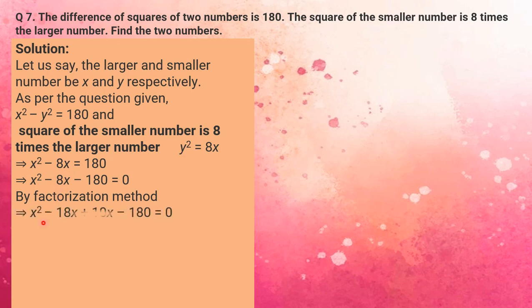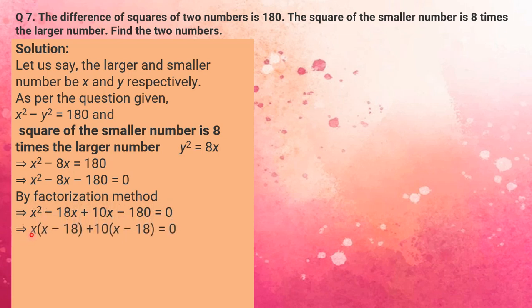So here we get x square minus 18x plus 10x, as minus 18 plus 10 becomes minus 8 and minus 18 multiplied by 10 gives minus 180. So the two terms are minus 18x and plus 10x. From the first two terms, x is common, and from the third and fourth terms 10 is common.